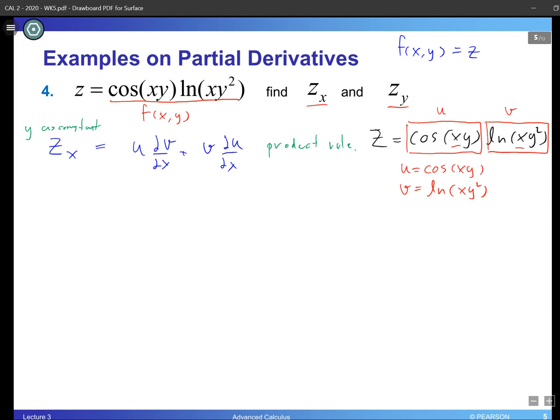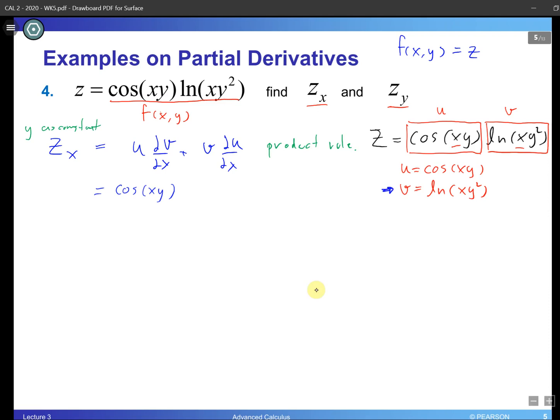So let's work on that. u has to come here, and u is equal to cosine of xy. And then I am supposed to find dv by dx. So I look at this one and differentiate it with respect to x.